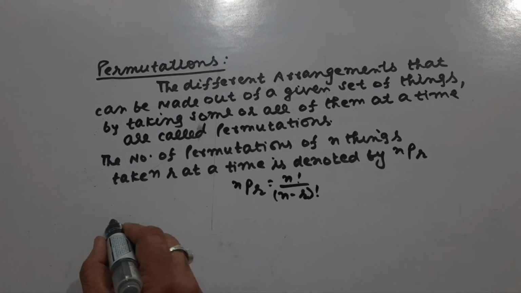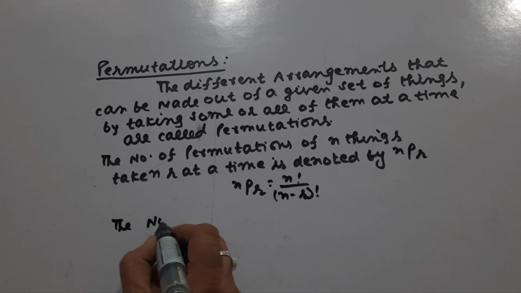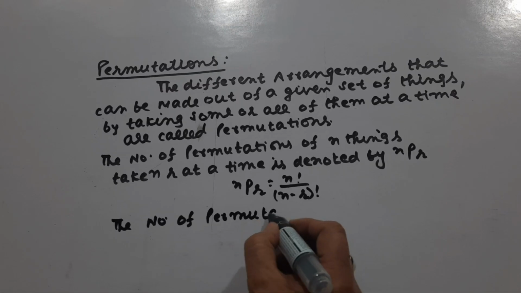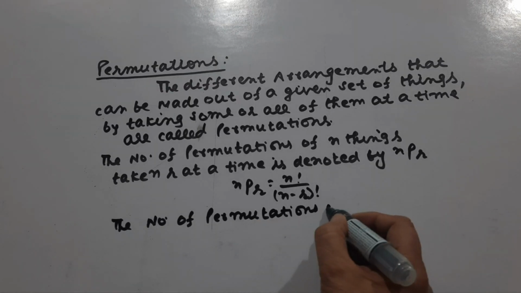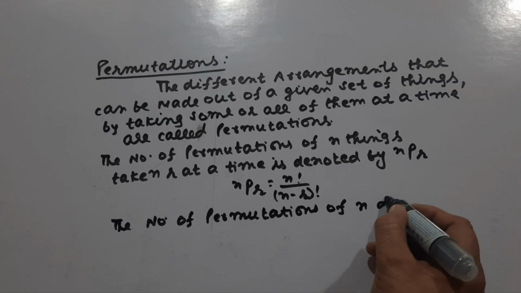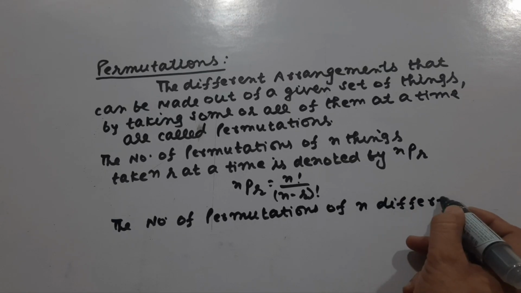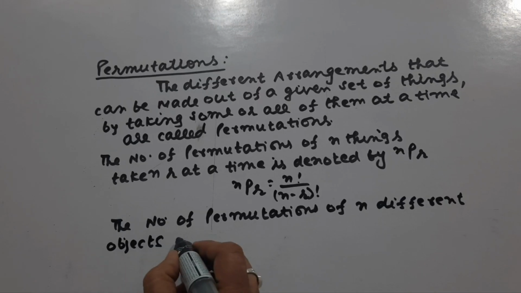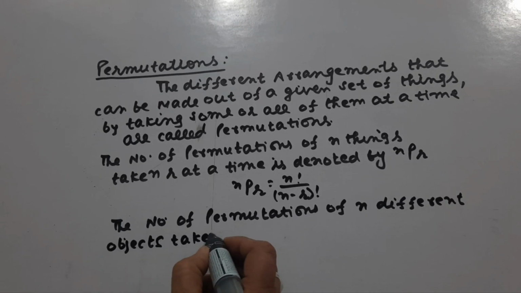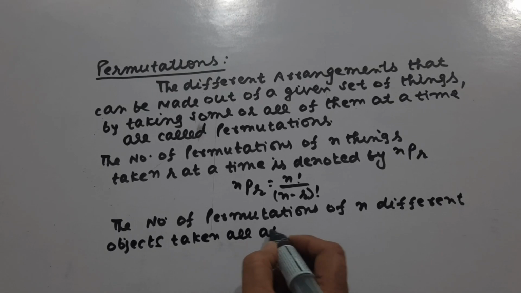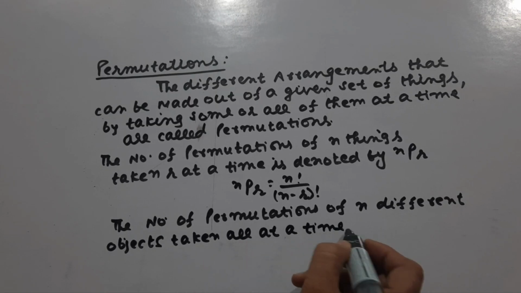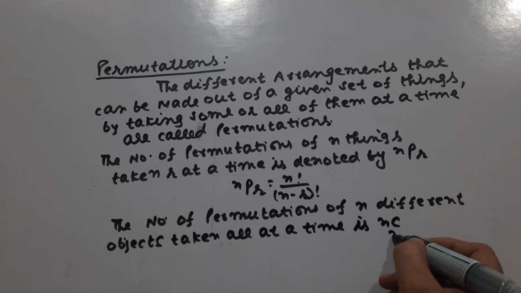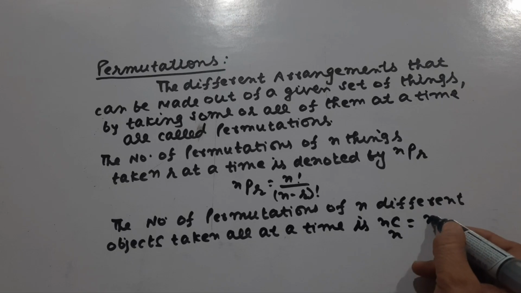And the number of permutations of n different objects taken all at a time is nPn, and this is equal to n factorial.